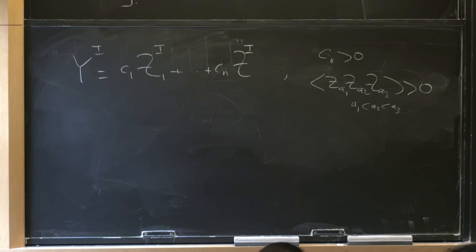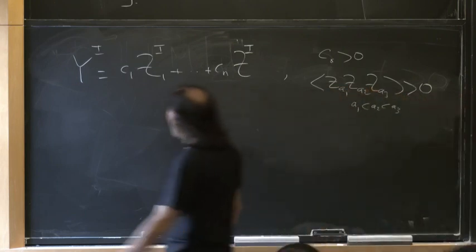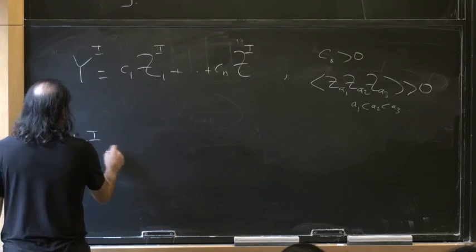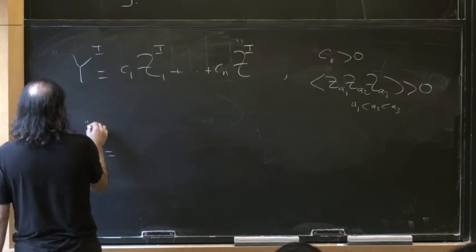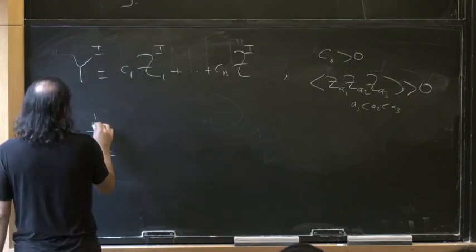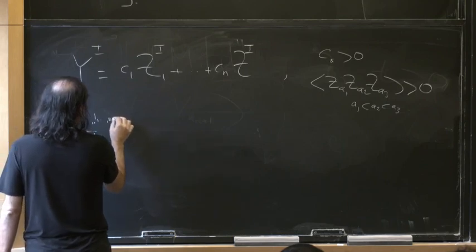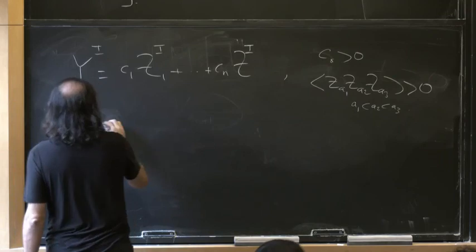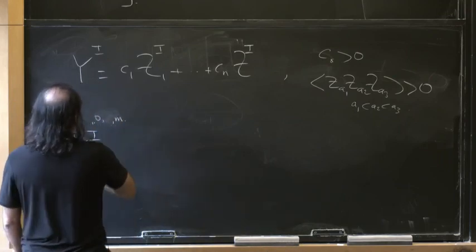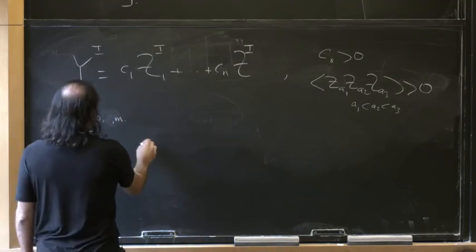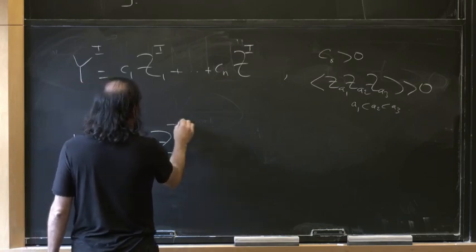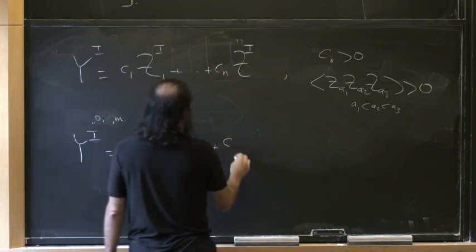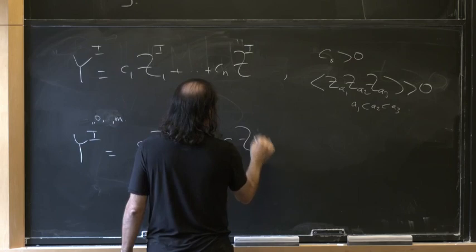So all we're going to do is copy this definition and go to higher dimensions. We'll want I to run from 0 to m for an m-dimensional polytope. So this is again going to be C1 Z1 plus up to Cn Zn.